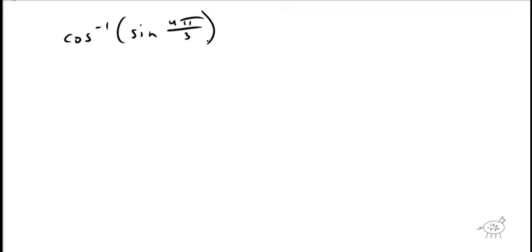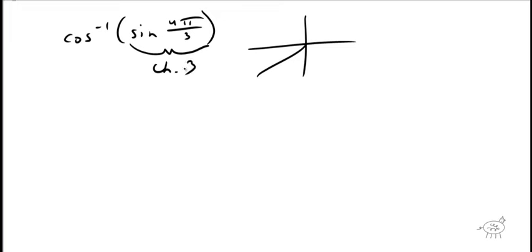It's the sine of 4 pi over 3. What is that? Well, it's sine of 60 degrees, and sine of 60 is root 3 over 2, but we're over here. So do you guys agree that, from chapter 3, the sine of 4 pi over 3 is negative root 3 over 2?